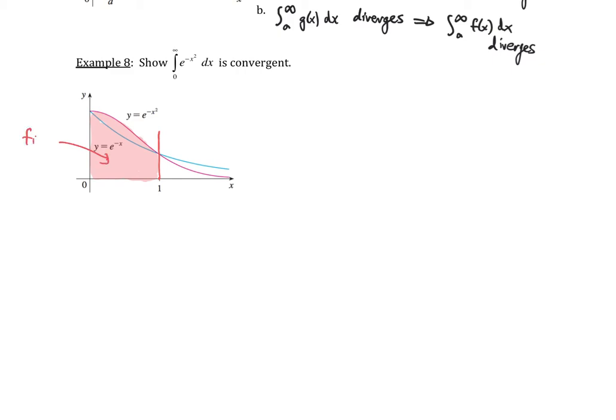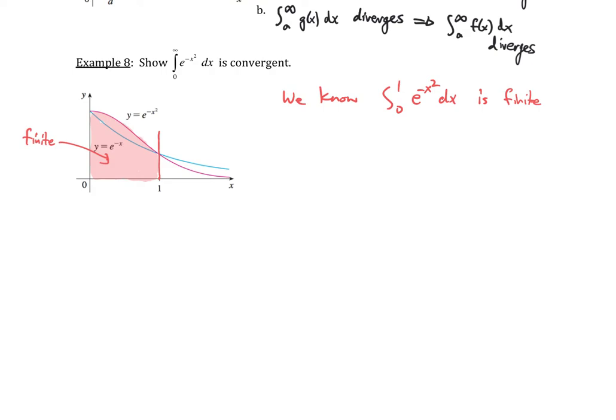I mean, it doesn't go off to infinity. It's a bounded type thing. So I guess what I'm trying to say is we know the integral from 0 to 1 of e to the negative x squared dx is finite.